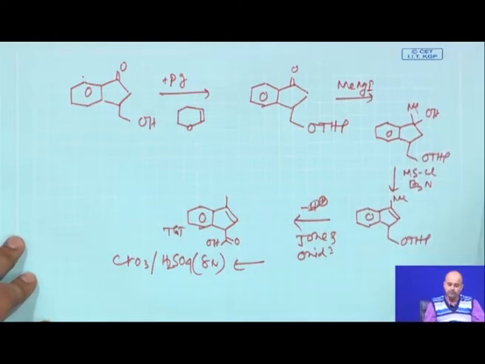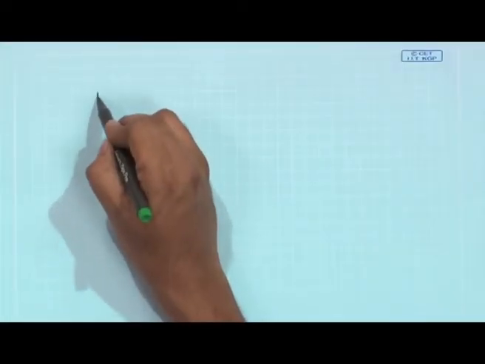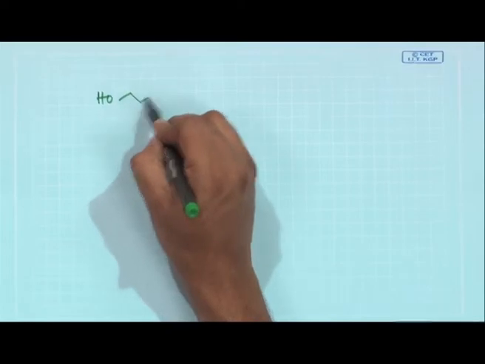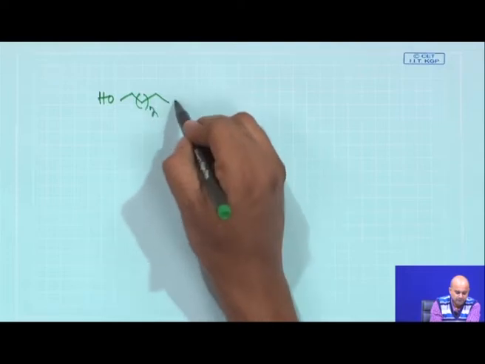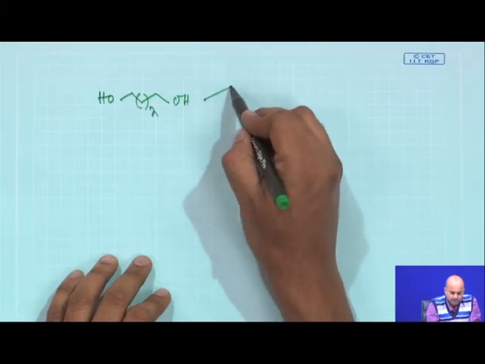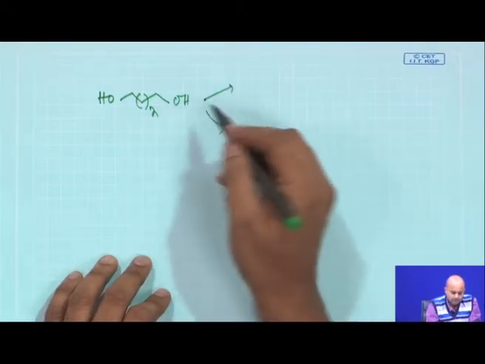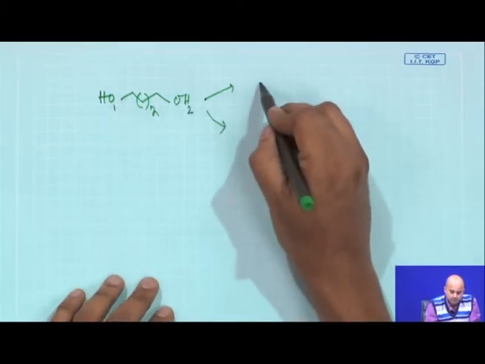This kind of simple transformation is often helpful to give you a particular designed synthetic target which was often desired. Now, next I will try to give you a very simple diol problem. Say you have this diol, OH1 and OH2.